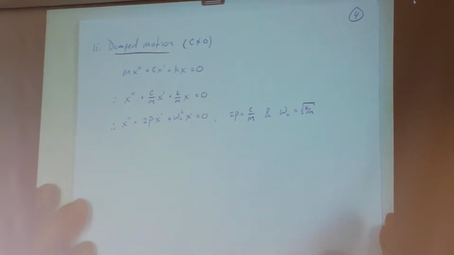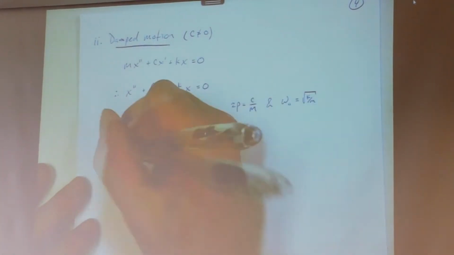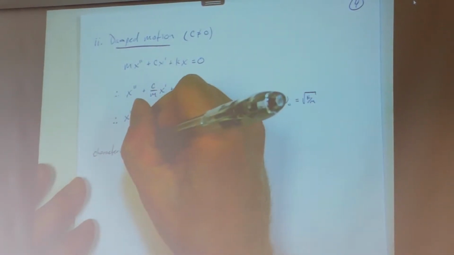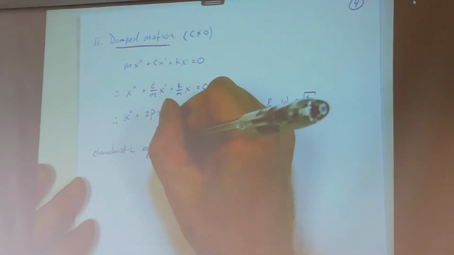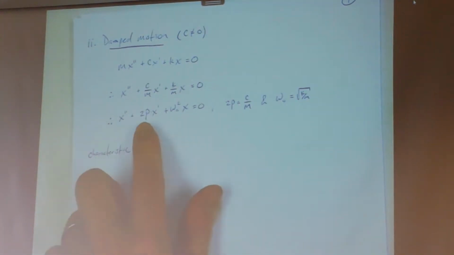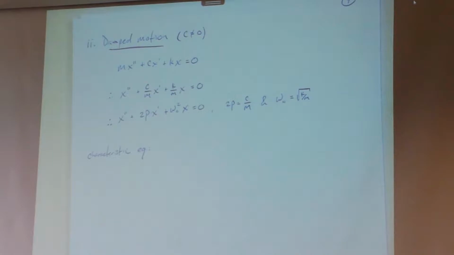All right, so what would the characteristic equation be from this? If we made that assumption, okay, it's linear, second order with constant coefficients, we would assume x equals e to the rt.